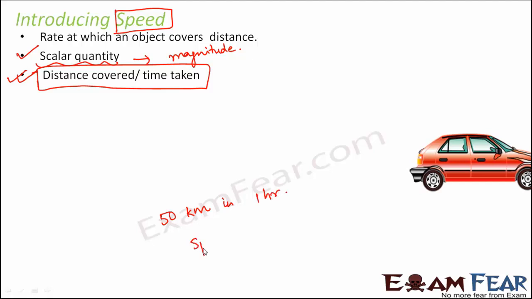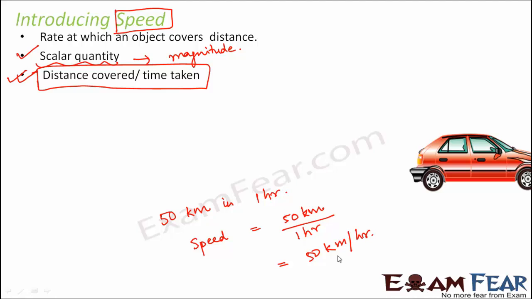What would be the speed of the car? The speed is the distance traveled, 50 kilometers, divided by the time taken, 1 hour. So the speed of the car would be 50 kilometers per hour. That is how we define speed.